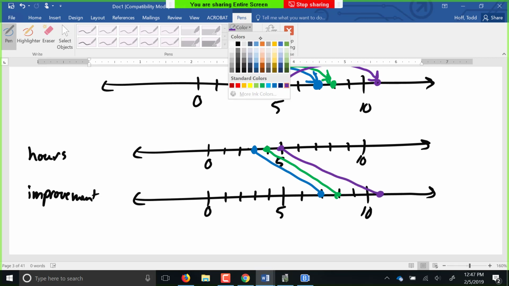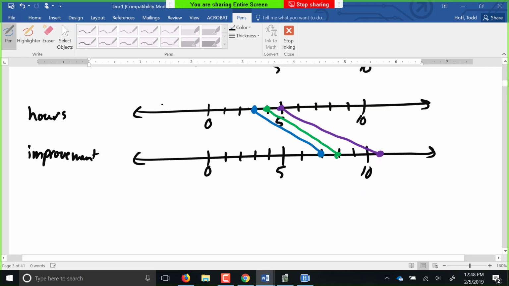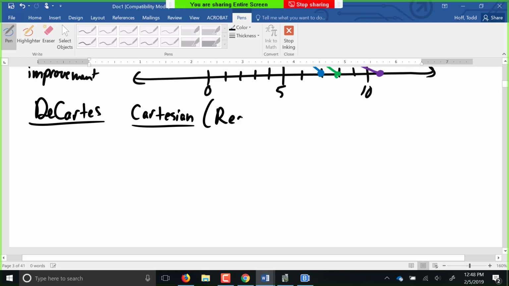So a better solution was proposed by a man by the name of Rene Descartes. And ended up being referred to as what we call the Cartesian coordinate system, or sometimes rectangular coordinates.